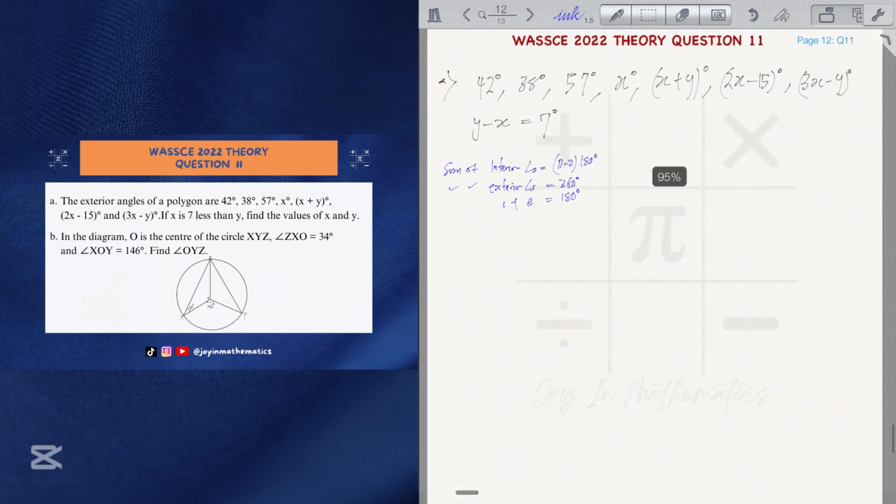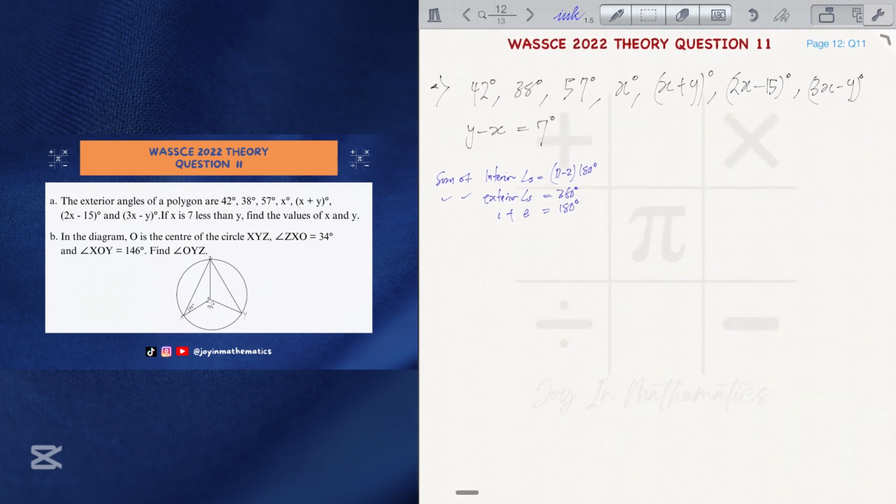Now we are given the exterior angles and asked to find the values of x and y. So this will be like a simultaneous equation, and to fully solve it, let us apply the principle that the sum of exterior angles is equal to 360 degrees.